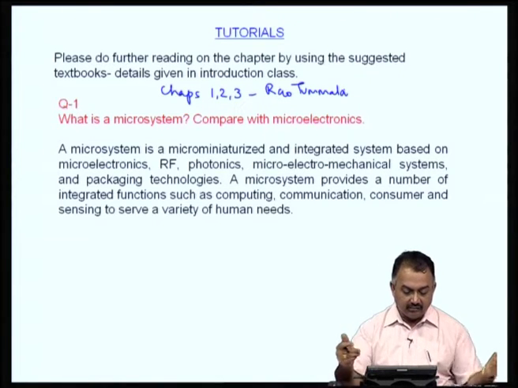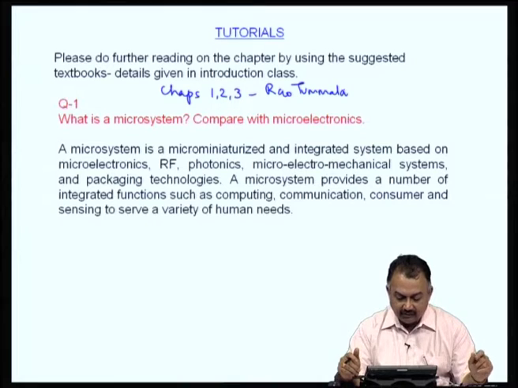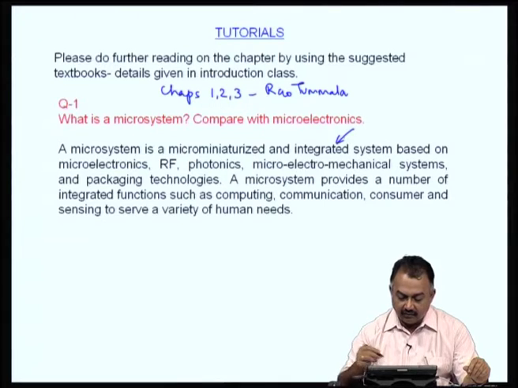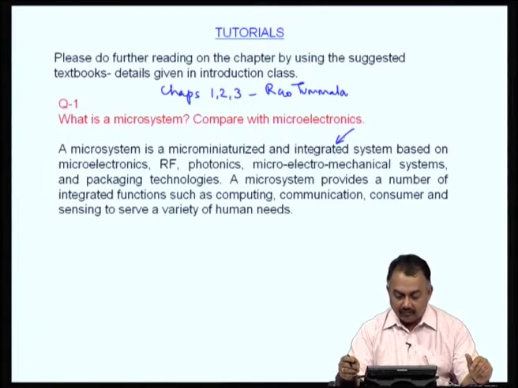A microsystem is a micro-miniaturized and integrated system based on microelectronics, RF, photonics, microelectromechanical systems and packaging technologies. So, the word integration comes here, it has to be integrated.